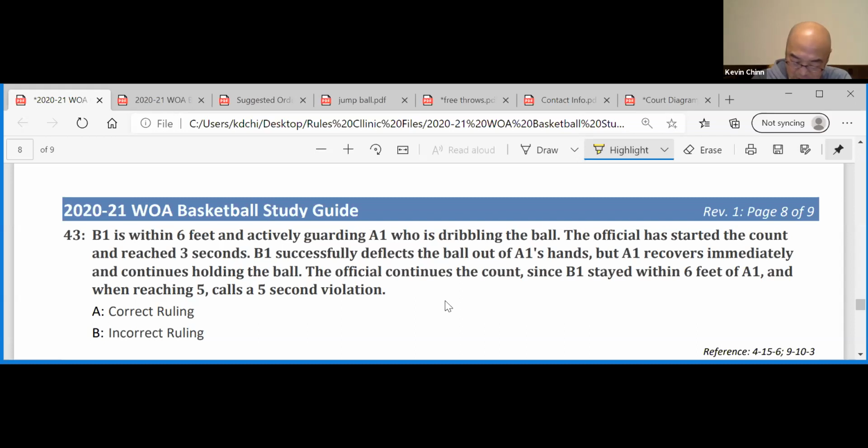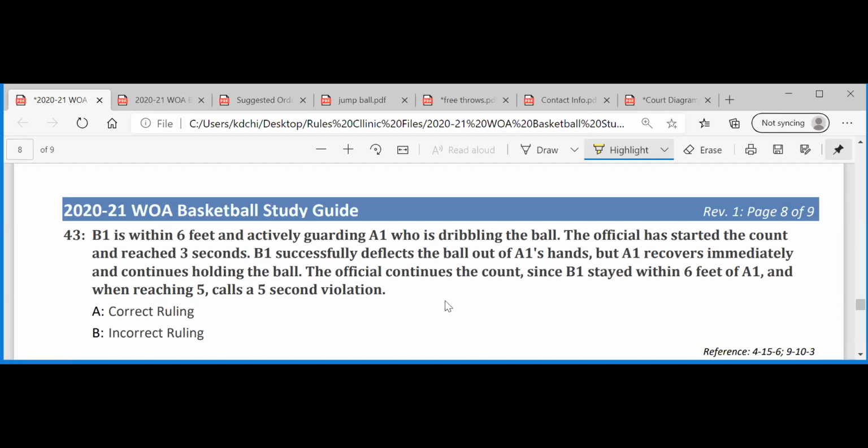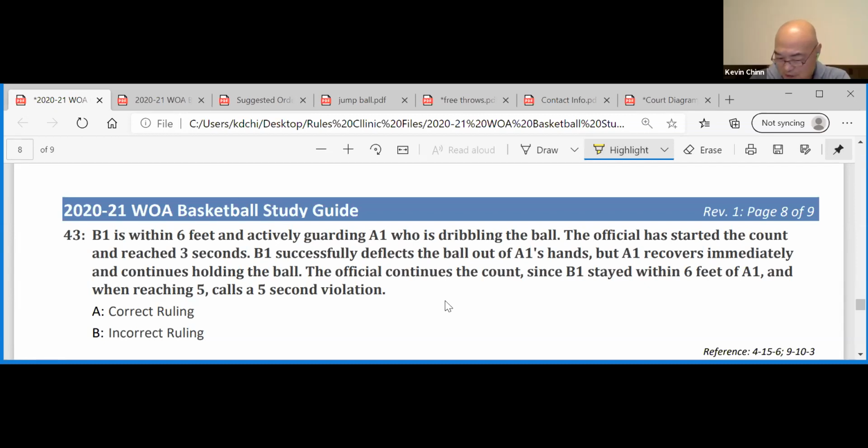Then I can pick the ball back up and almost hold it for another 5 seconds while you're closely guarding me. So for each status change, held ball, dribble, held ball, you get another 5 seconds, provided you're closely guarded the entire time.